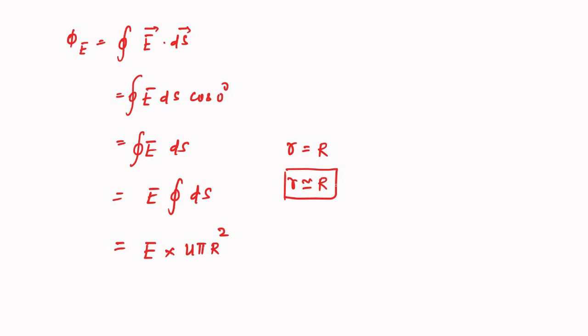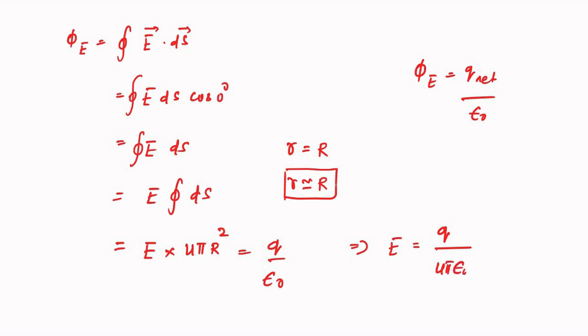Now we also know, as per Gauss law, that this flux is equal to Q net by epsilon 0. Again, the charge enclosed is equal to Q. So this becomes Q by epsilon 0. That implies E is equal to Q by 4 pi epsilon 0 capital R square.